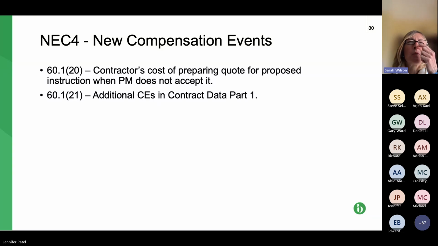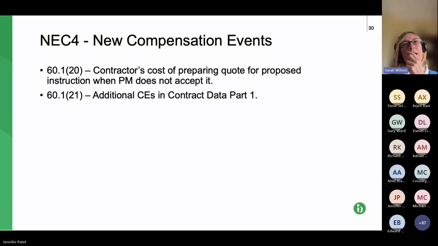So 60.120 makes it a compensation event for the contractor's cost of preparing a quote for a proposed instruction in circumstances where the PM does not accept that proposed instruction. So it's quite limited.